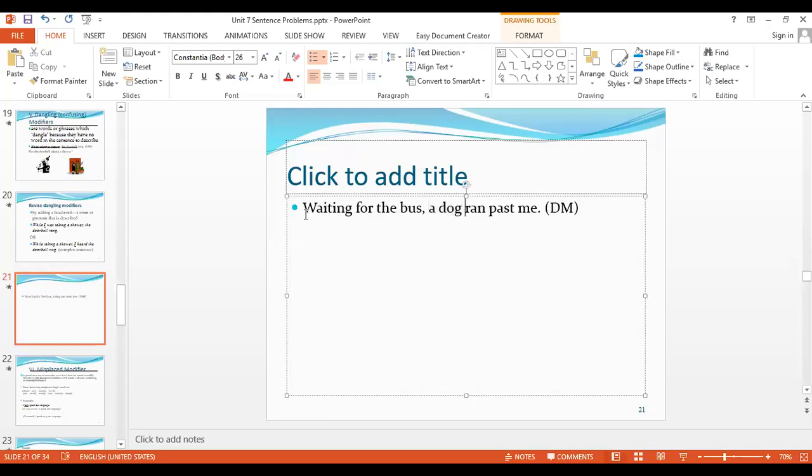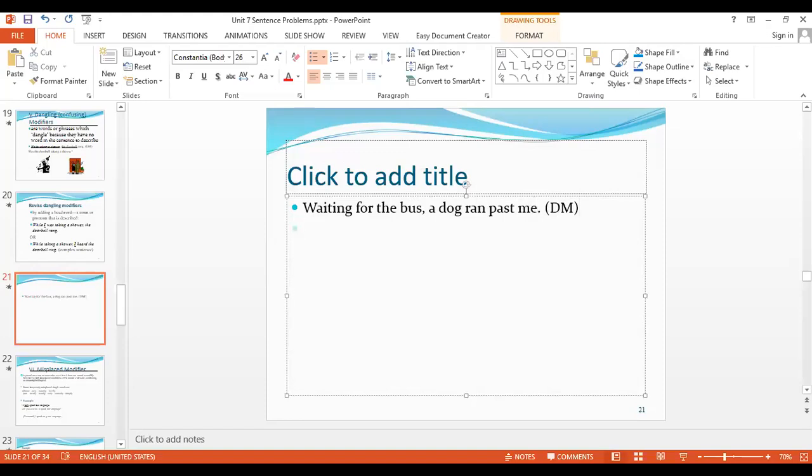A dog or me? Me, teacher. Yeah, but you put waiting for the bus next to the dog, so it modifies the dog. That's why it sounds confusing. Who waits for the bus? That's why we call it a dangling modifier.